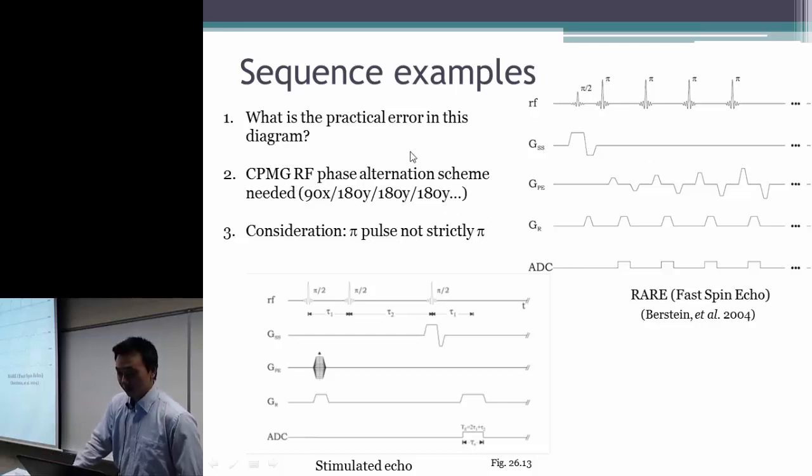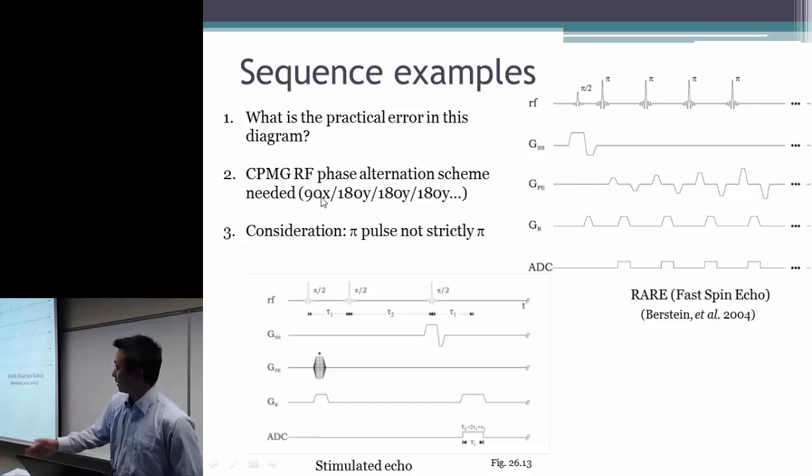Of course, when designing the fast spin echo, usually we will also use the so-called CPMG or RF phase alternation schemes. So it's also not shown here. Usually this would be the excitation pulse.